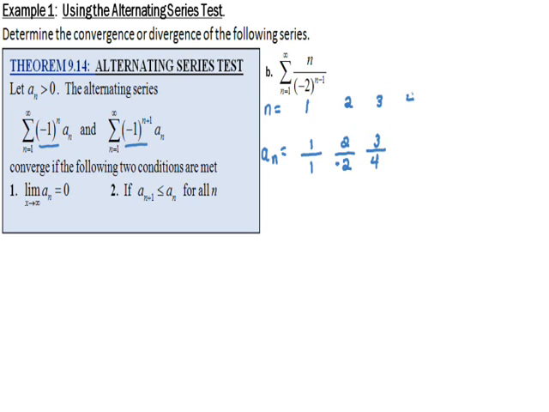Let's go to the 4th term: 4 on top, negative 2 cubed, which of course is negative 8. Moving on to the 5th term, we would have 5 over negative 2 to the 4th. That would be positive 16, wouldn't it?